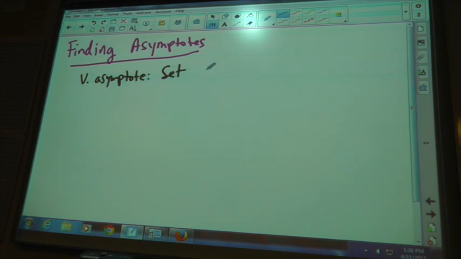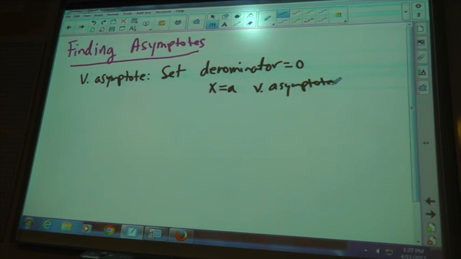Set denominator equal to 0, and then x equals a is going to be your vertical asymptotes, where a is the zero. So remember, this is chapter 3, right? Finding zeros, finding zeros.